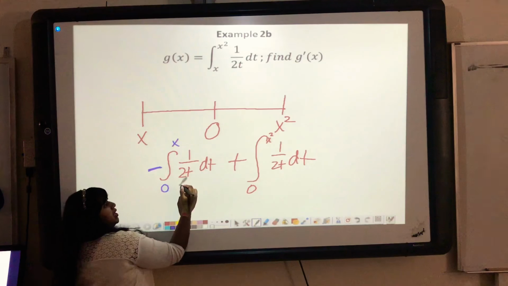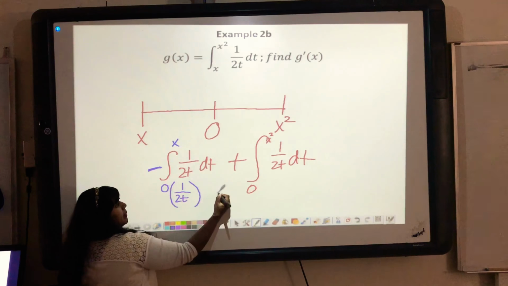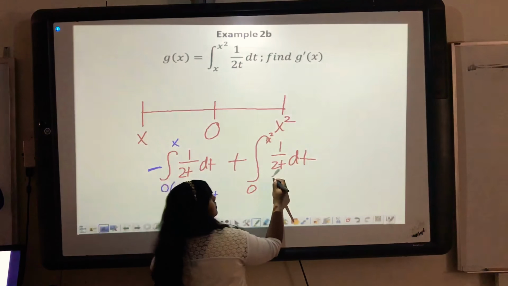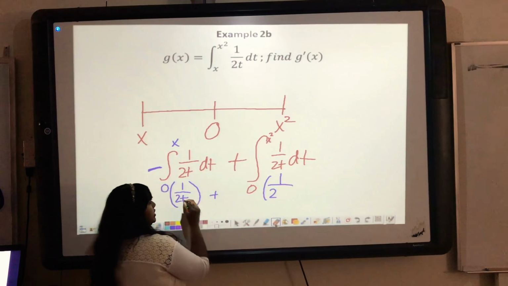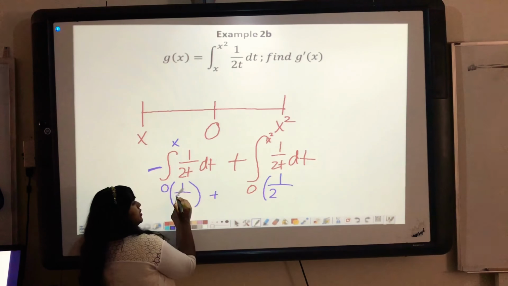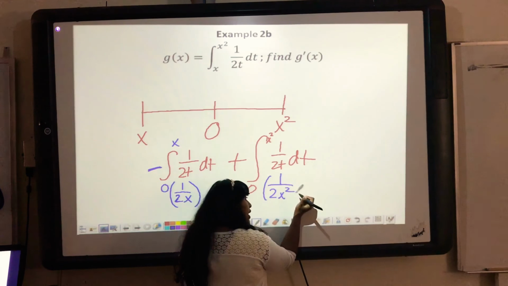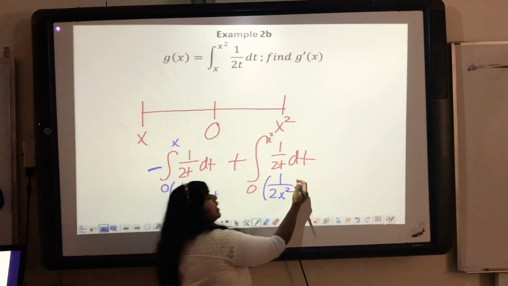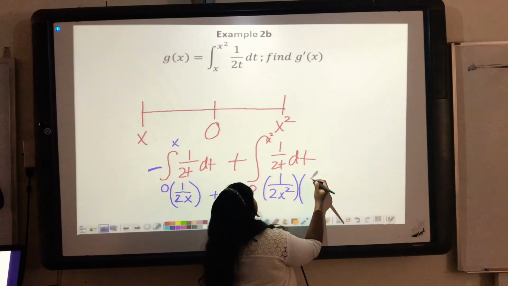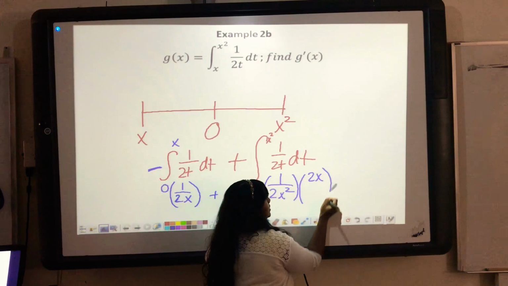So this simply becomes 1 over 2t plus 1 over 2, oh, why did I say 2? My apologies. We're replacing, aren't we? 2x. This becomes 2x squared, but because this is not simply x like this one was, I have to multiply by the derivative of x squared, so that's actually 2x.